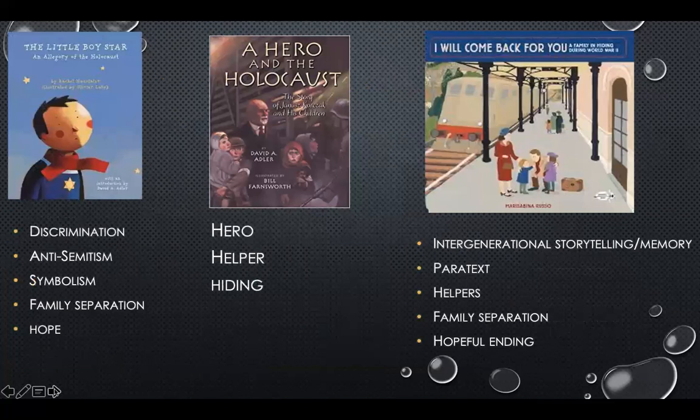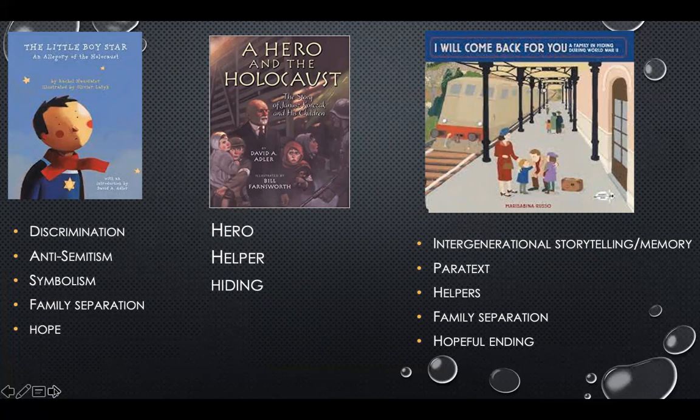A few others that I really like, The Little Boy Star, an allegory of the Holocaust, where the little boy embodies the Star of David. And he says, throughout some time the stars started to go out until the whole sky seemed black, and he had to go into hiding and couldn't come out. And then finally, at some point, he could come out, but none of his stars were left.